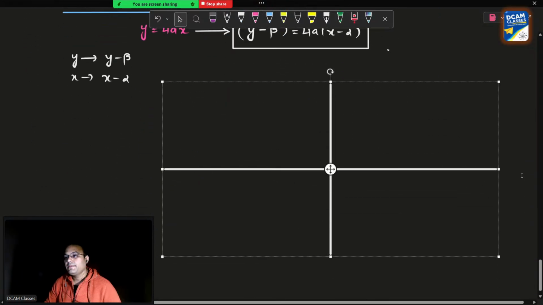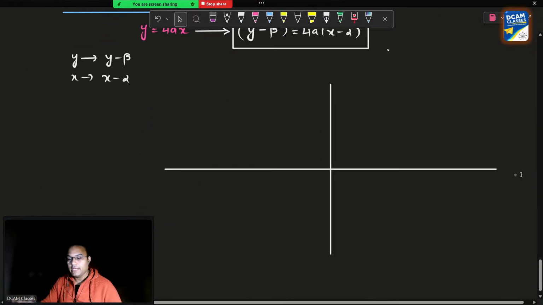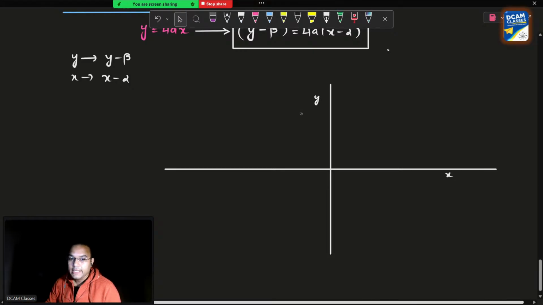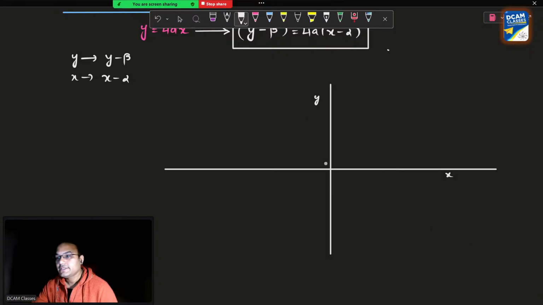The shape of the parabola, the type of parabola, everything remains the same. Earlier, if you remember, the parabola was like this, with vertex 0, 0. Now what has happened? Only the vertex has changed to alpha comma beta.